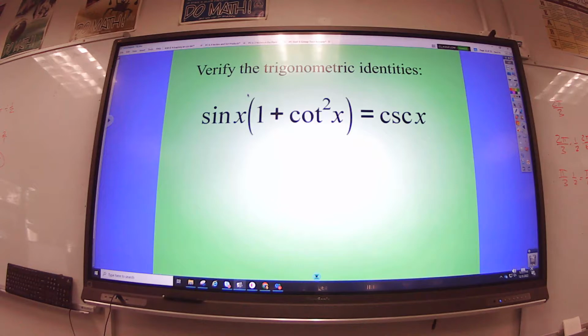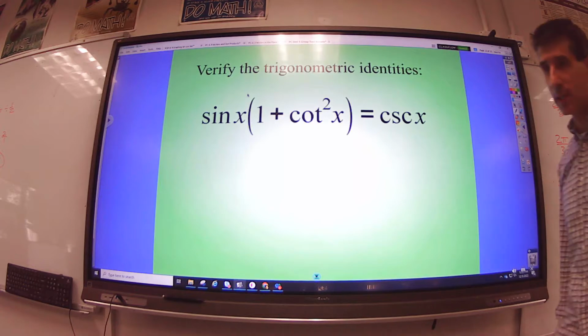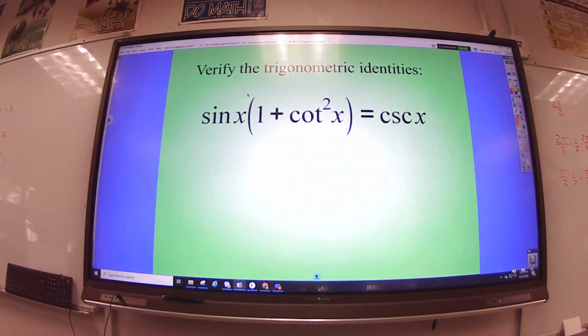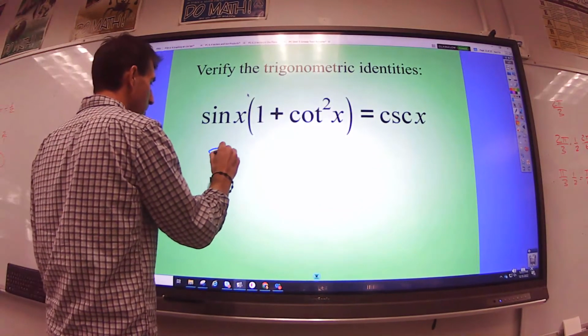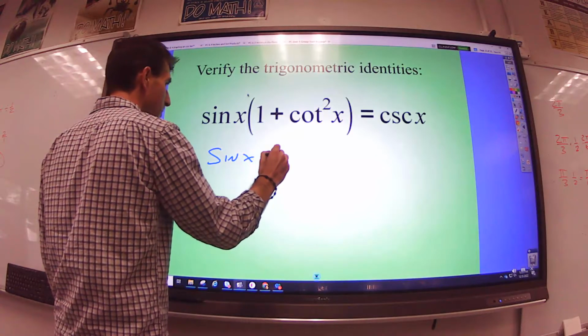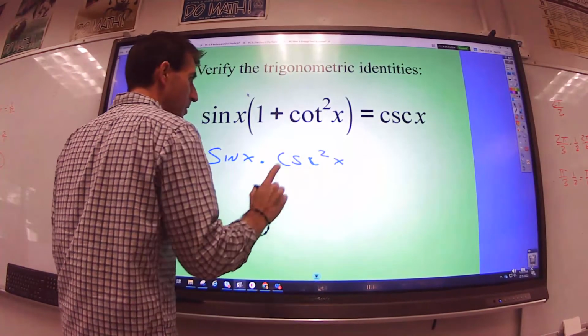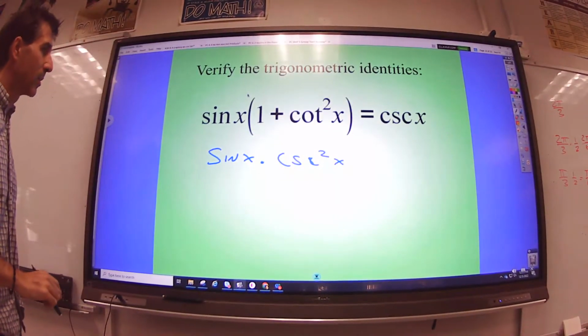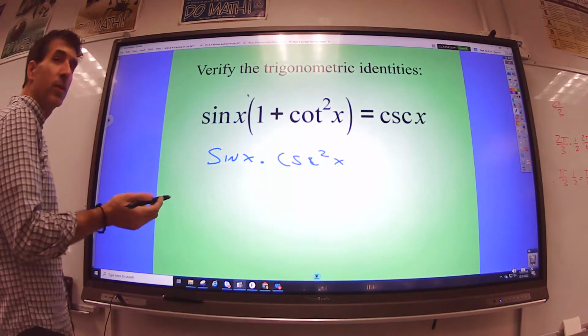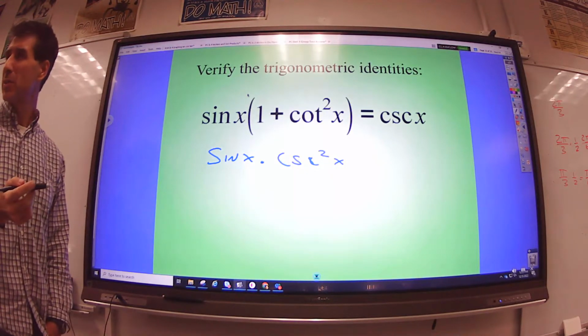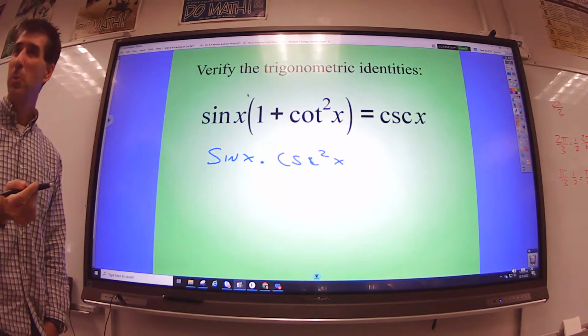Verify the trigonometric identity. Sine x times 1 plus cotangent x. What is 1 plus cotangent x equal to? Cosecant squared x. So, I'm going to say sine x times cosecant squared x. Is that equal to cosecant x? Well, let's put everything in sine and cosine.